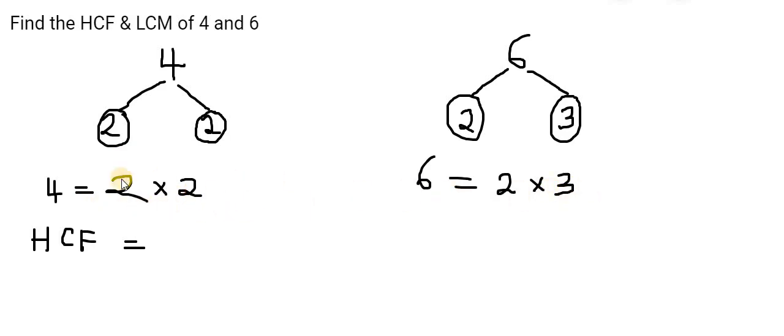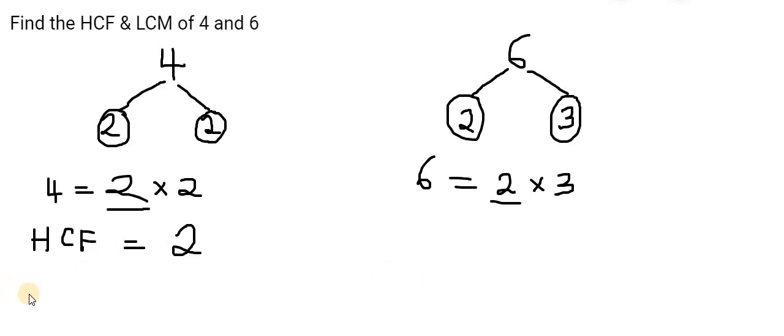The common factor between 4 and 6 is a 2. Okay? So our highest common factor is only 2, because there's only one 2 common to 4 and 6.